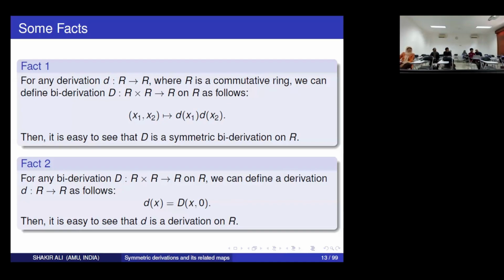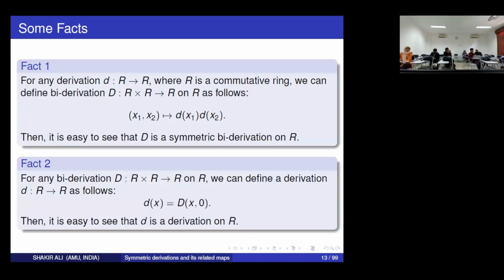Okay, then the second: for any biderivation D, that means a derivation in both arguments, we define another map d from R to R in that way, that means the second argument we take to 0, and it is easy to see d is a derivation.